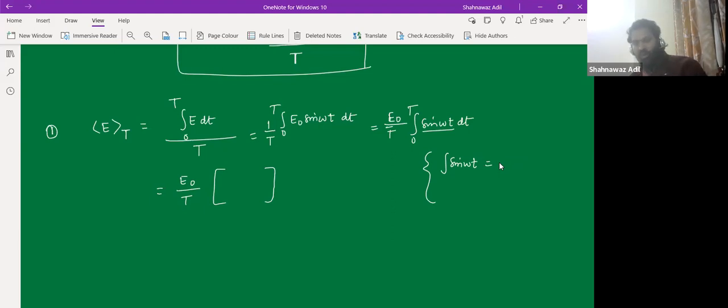What is the integration of sine omega t? This part you guys have already done, right?